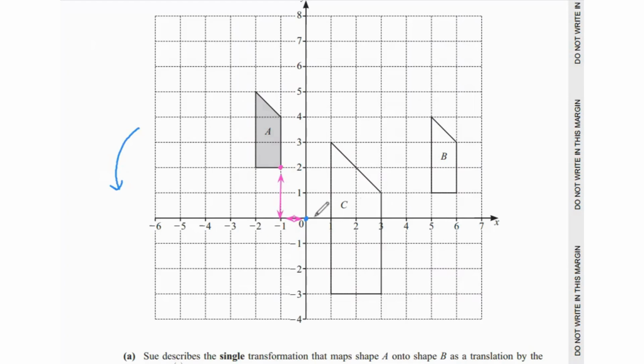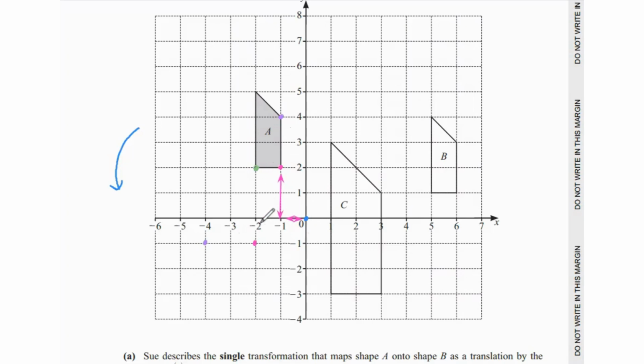So let's mark that. Horizontal is going to be 2, vertical is going to be 1. So this point is going to come over here. Now let's use another color for this one. So the purple point is 4 vertically, 1 horizontally. So now it's going to be 4 horizontally and 1 vertically. So that comes over here. Then this point is 2 horizontally, 2 vertically.